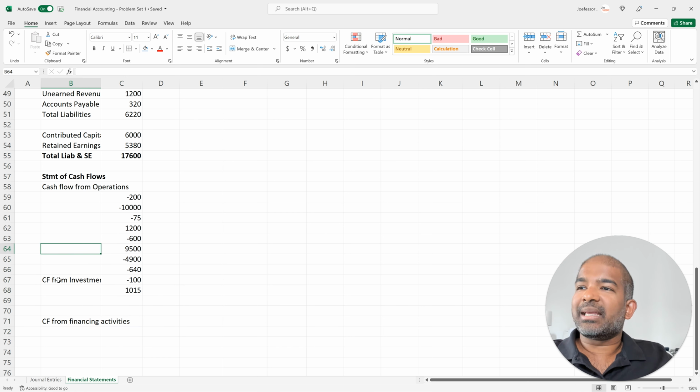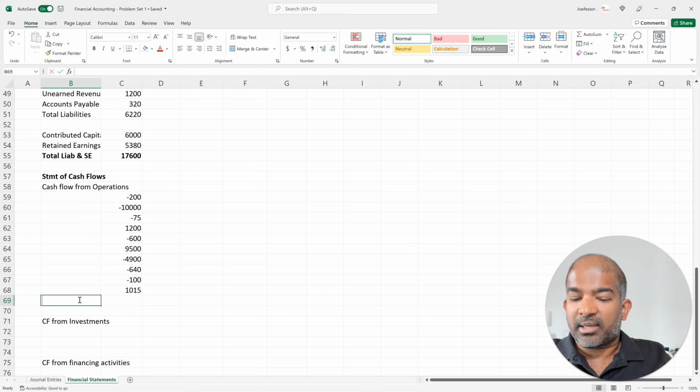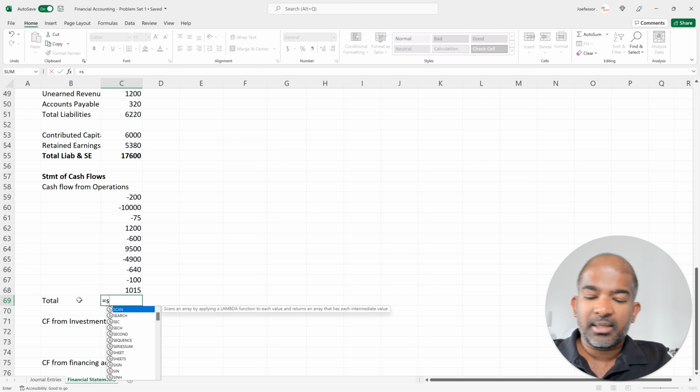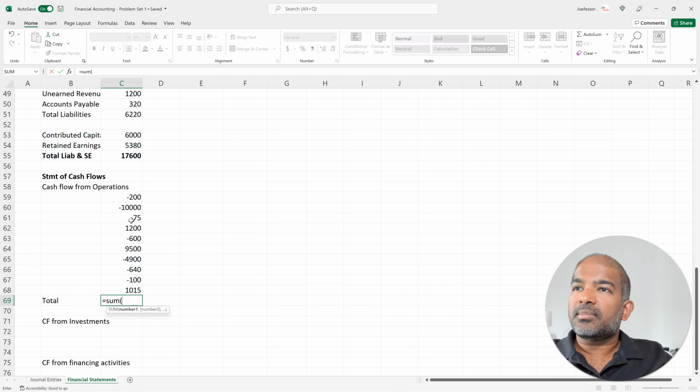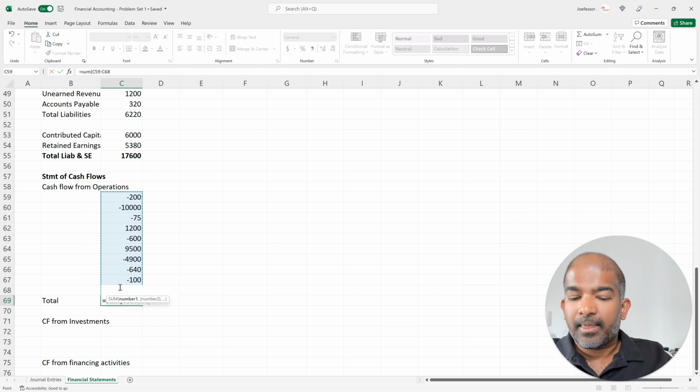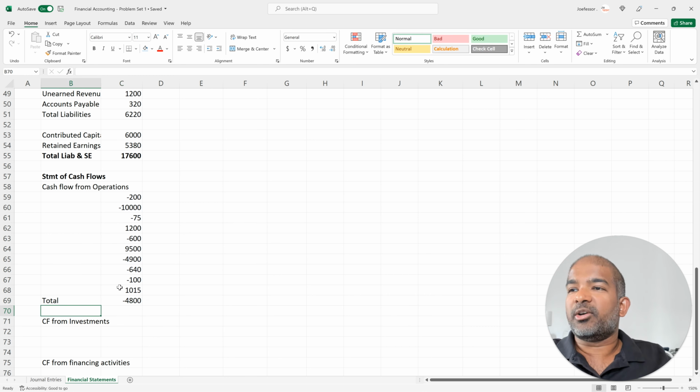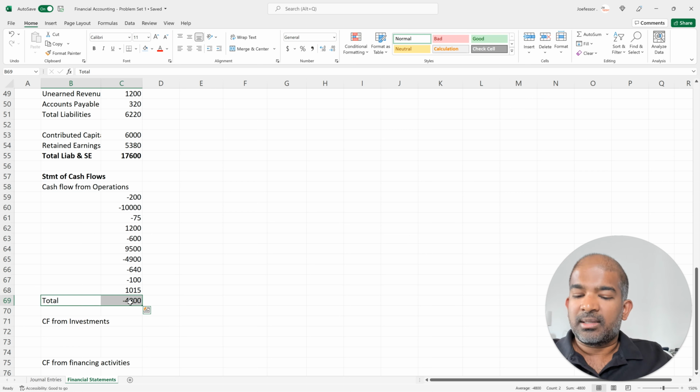This shows all the cash flows from operating activities, and then we can show the total here, total from operating activities. You'll have to specify on the left where each of these cash flows are from. So that's cash flow from operations.